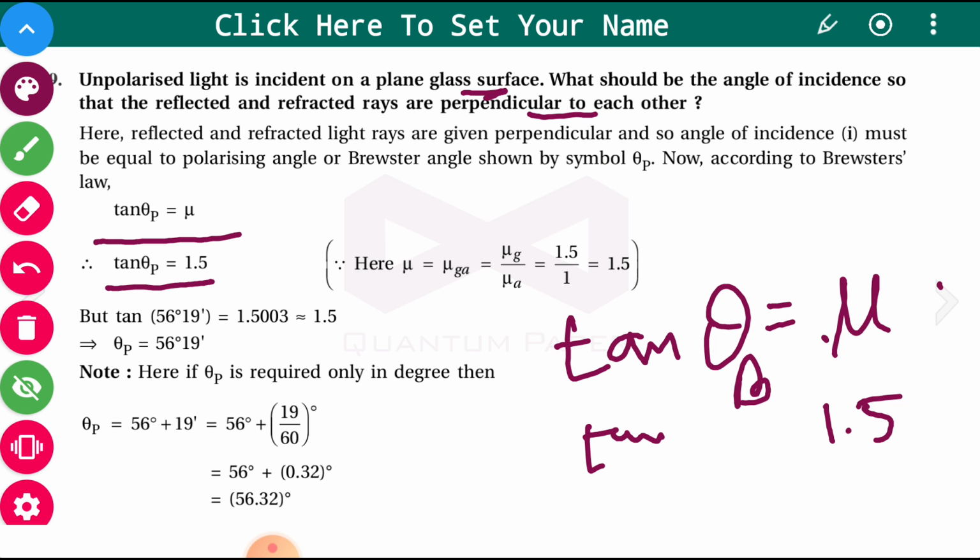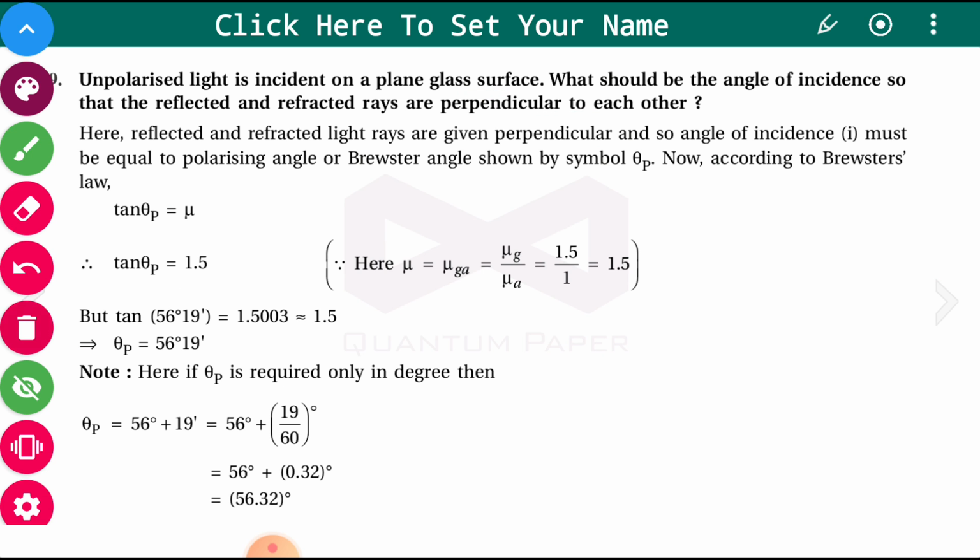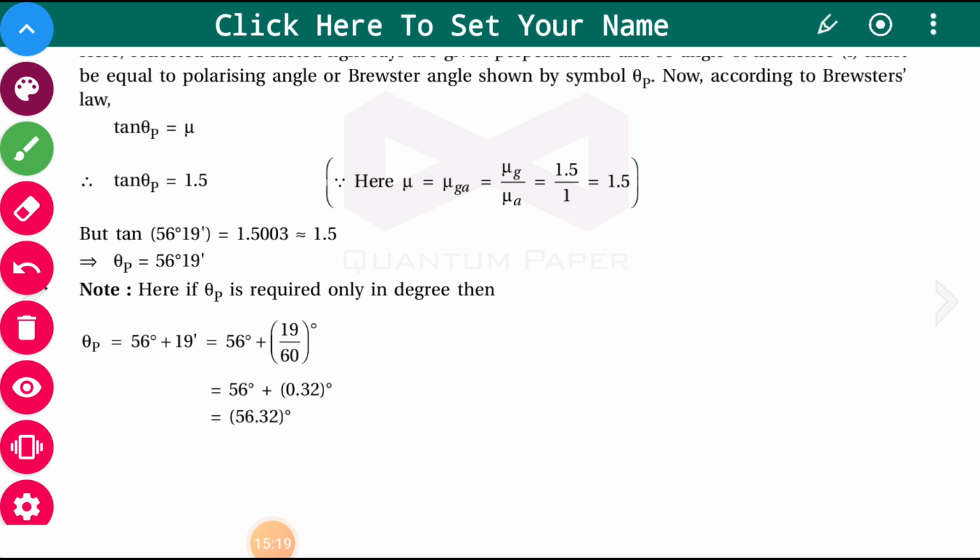So tan theta b is equal to 1.5, and if you see in the natural tangent table, that angle is about 56 degree 19 minute. 56 degree 19 minute will be the angle theta p, the angle of polarization. Or if you want to write it in decimal, it can be written as 56.3, but 56 degree 19 minute is the correct value.